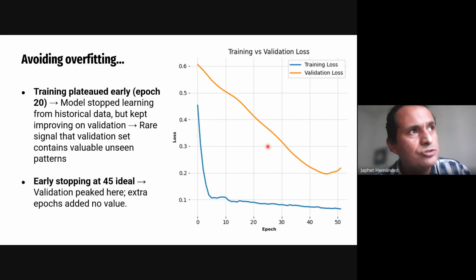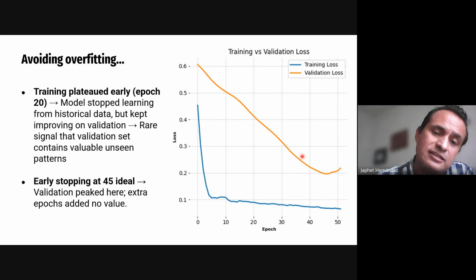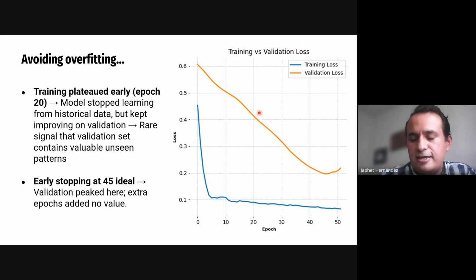Something that I mentioned during the presentation is that a very interesting phenomenon is that the training patterns were learned very fast, while the validation patterns seem not to be the same as the ones in the training. So there are some patterns that are not present in both sets, and it would be very interesting to find ways to guarantee that those patterns are learned from the very initial training curve.